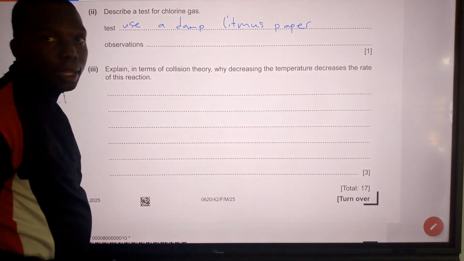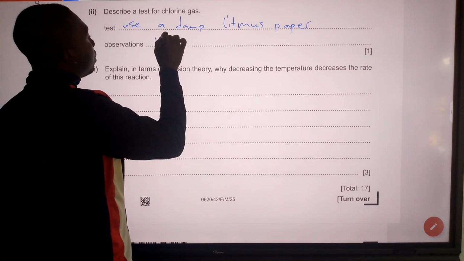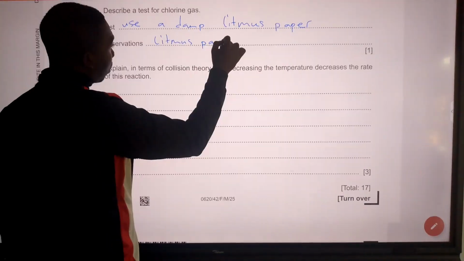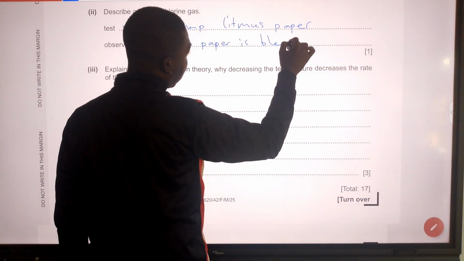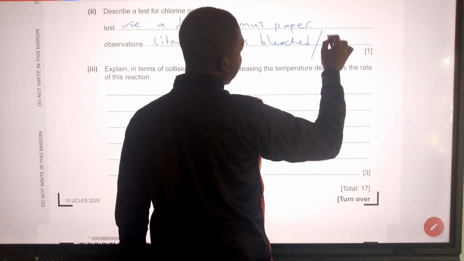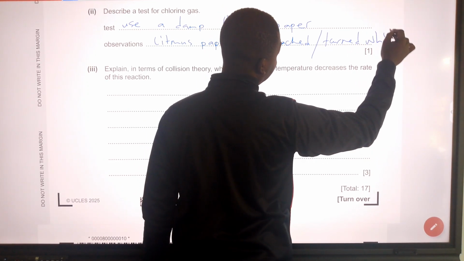And the observation that we make is that the litmus paper is bleached, or we may say that it turns white.